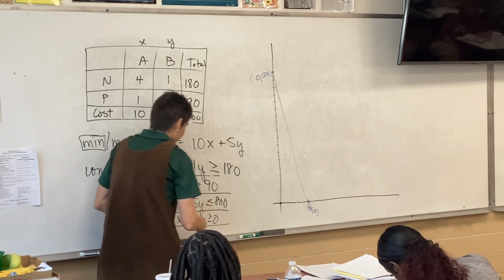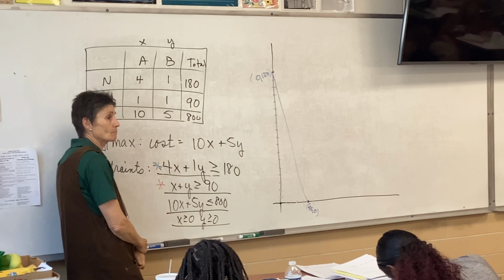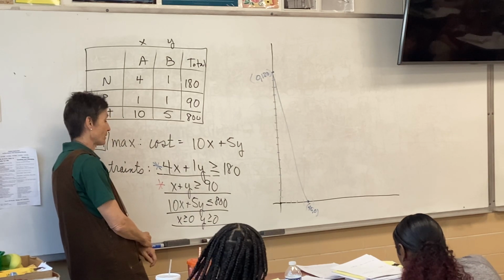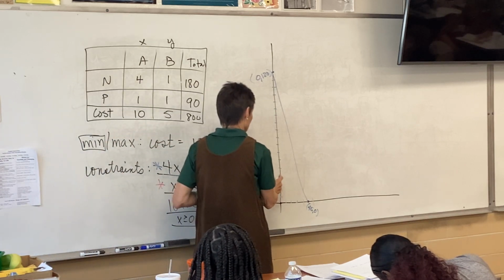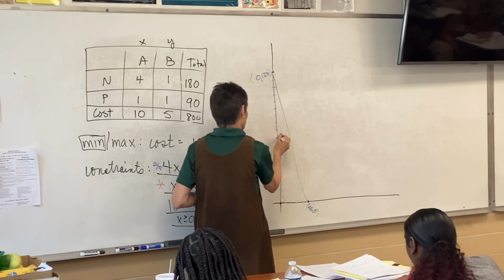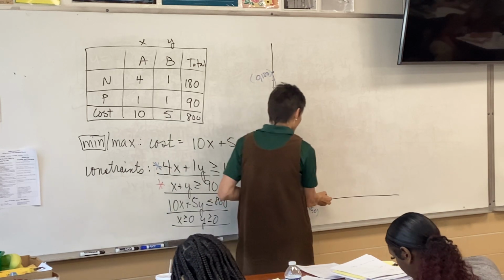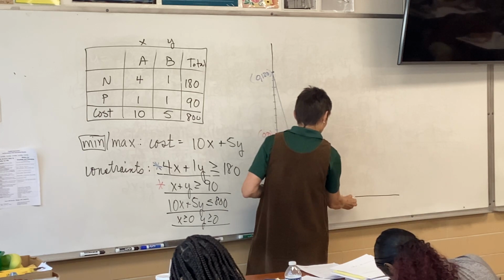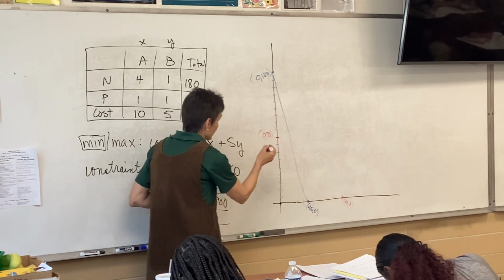Now, on top of that, I'm going to do this one. So cover up one letter at a time. If I cover up X, Y is 90. And if I cover up Y, X is also 90. So I'll connect those.